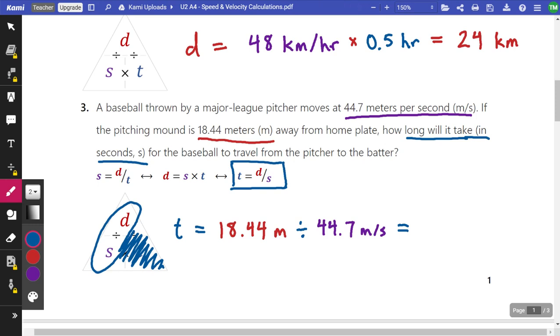So let's plug this into a calculator. I'm taking 18.44 divided by 44.7, and what I get is about 0.413. If you don't get exactly 0.413, it's probably because of rounding in your calculator.